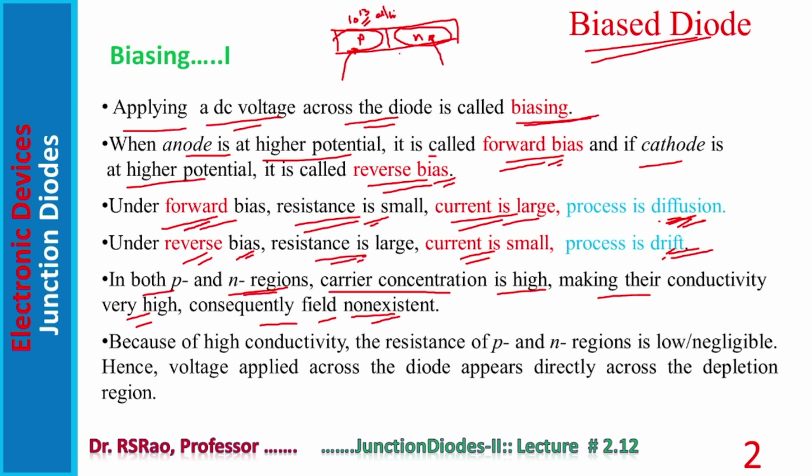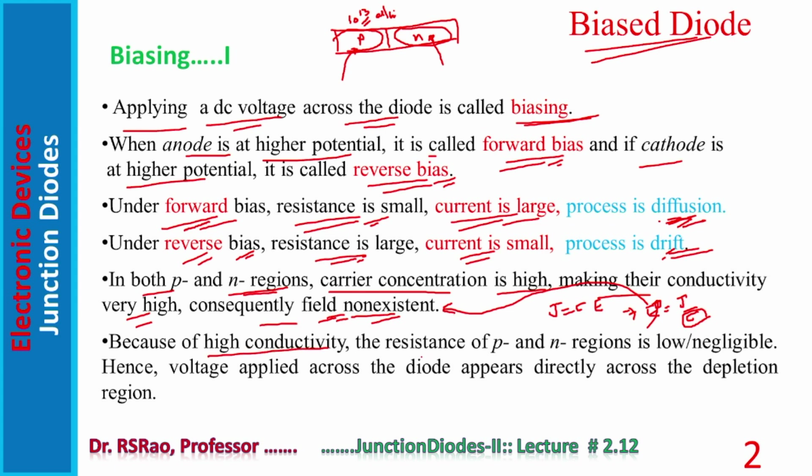When conductivity is large, field becomes non-existent, because if we consider the point form of Ohm's law, J equals conductivity multiplied by E. From this we can see field E is equal to J by sigma. When sigma becomes huge, E becomes very small, negligibly small. So it results in this statement.